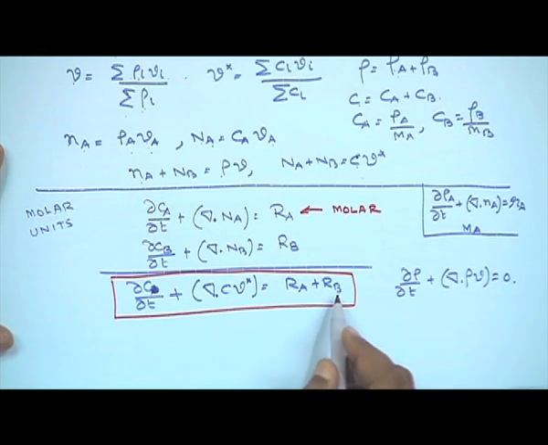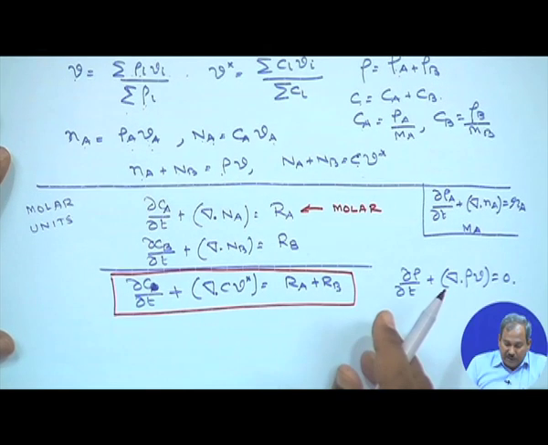In order to maintain the general nature of the relation, and underscoring the special nature of Ra plus Rb, that it may or may not be 0, unlike the case of rates expressed in terms of mass, where they will always be 0, I am keeping this Ra plus Rb in the solution as well.